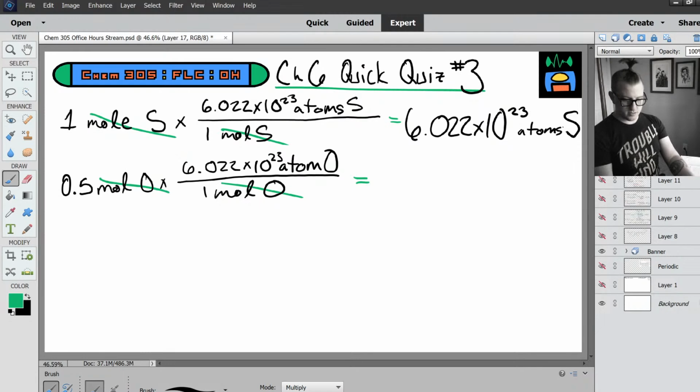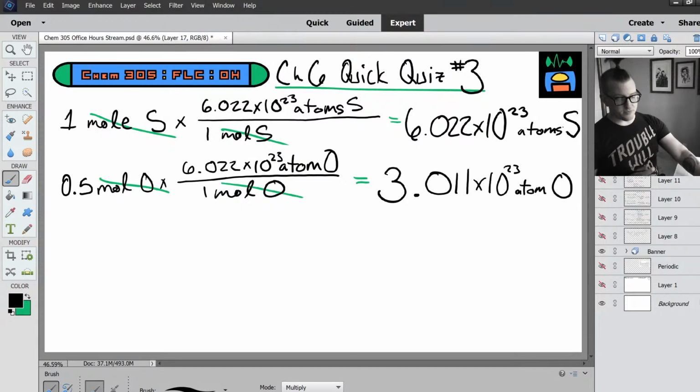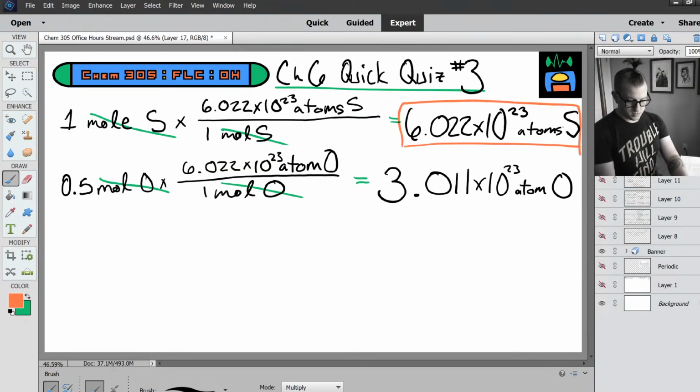This comes out to be atoms of oxygen. The reason why is if you look at these two numbers, the number of sulfur atoms is twice as big.